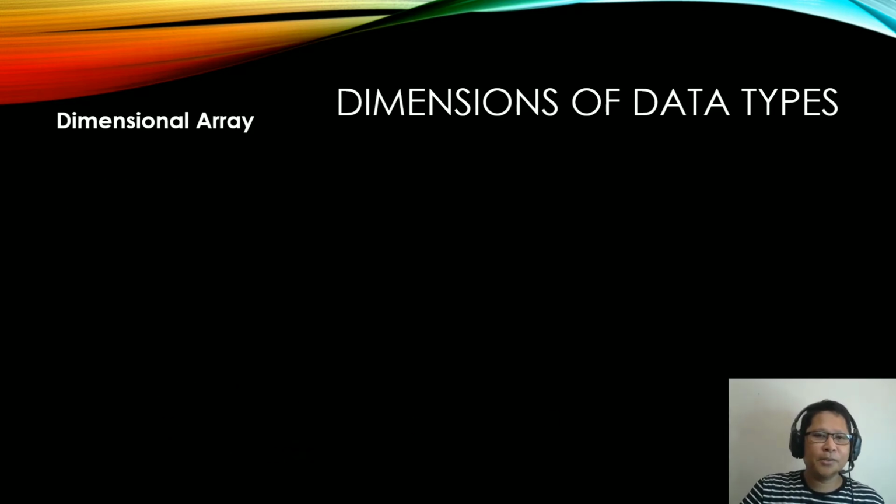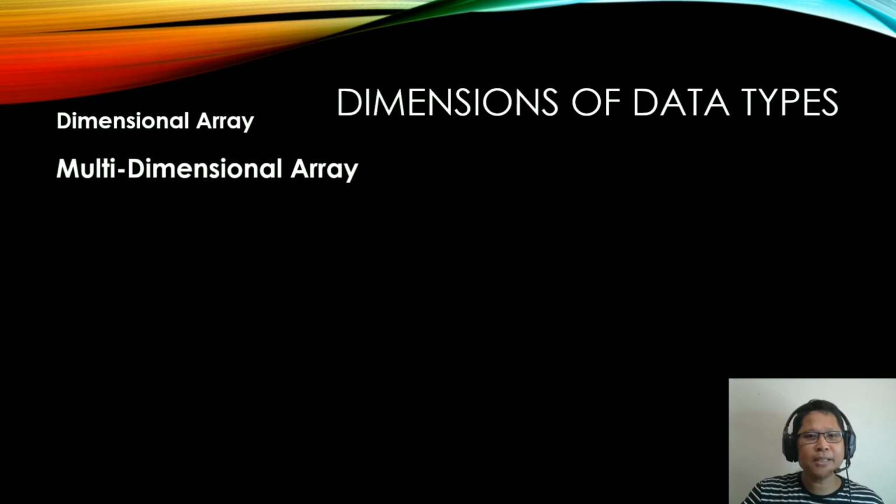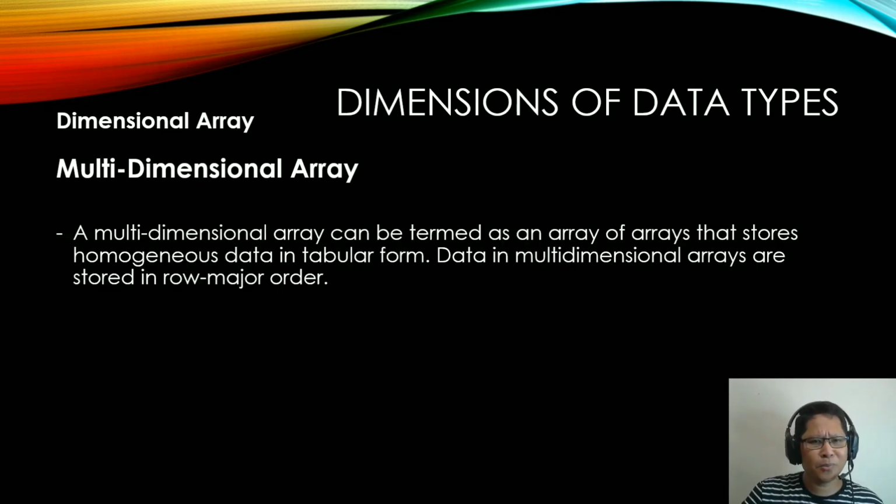Okay, so let's proceed with the multi-dimensional array. A multi-dimensional array can be termed as an array of arrays that stores homogeneous data in tabular form. Data in multi-dimensional arrays are stored in row major order.